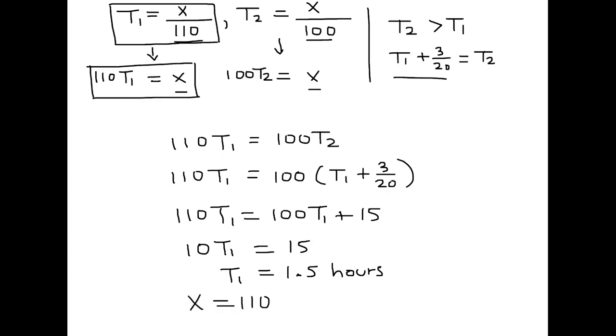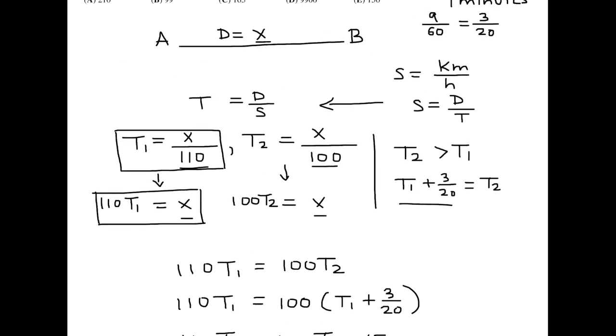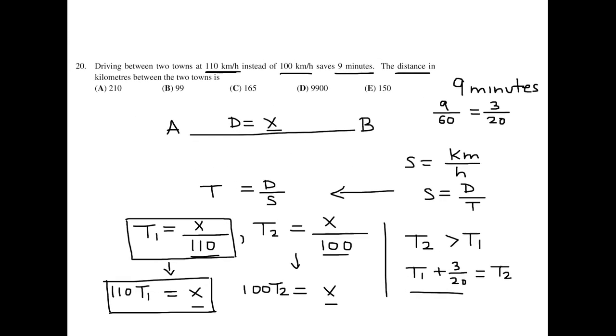X is equal to 110 times T1. So 110 times 1.5. And that is 165. And what are the units? Kilometers. So those kilometers, 165 of them, are the representation for the distance between the two towns. So the answer here would be C.